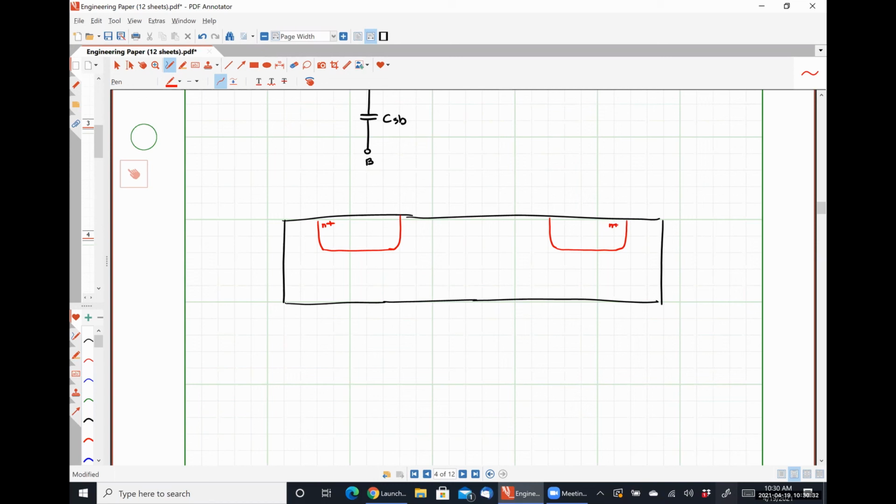Here is our drain. I'm going to draw this in orange. So this is just a metal one layer. We're also going to have a metal one layer providing our body connection.